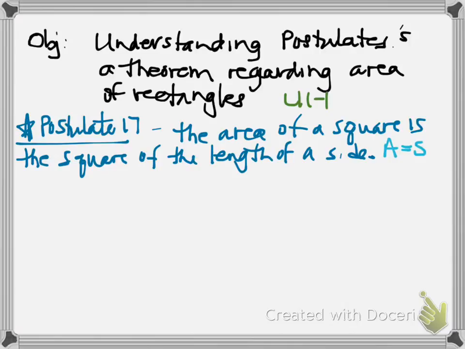A equals s squared. So in the postulate, they tell us the formula. That's why you don't get to use your theorem cards on quizzes and tests, because I need you to memorize these. Okay? So that's the first one.